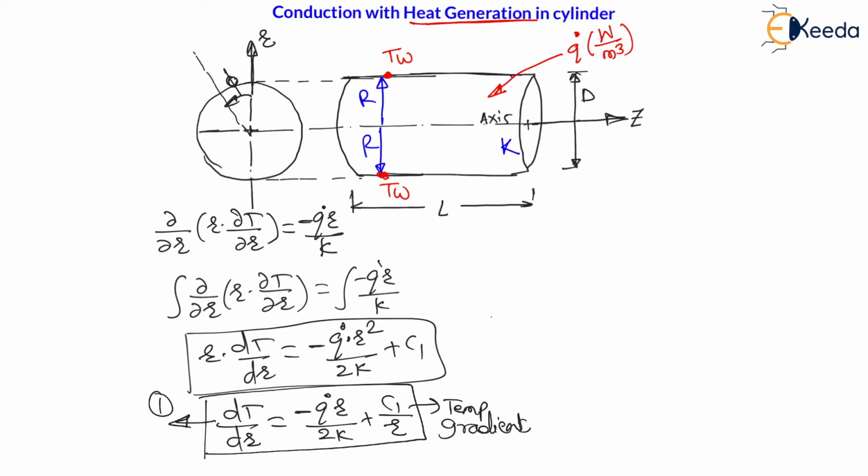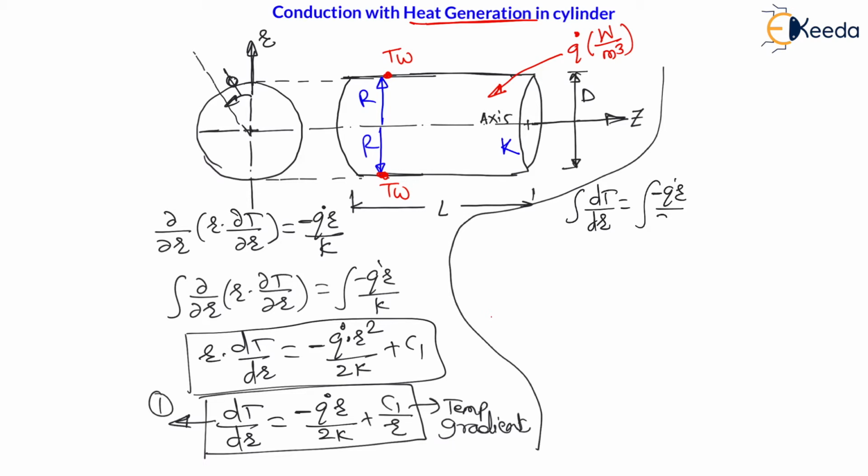Now let us find the temperature profile. My dear students, here I am going to solve for the temperature profile. Now integrate this temperature gradient equation. Therefore, the integration of dT/dr will be equal to the integration of minus q dot r divided by 2k plus c1 divided by r. Here integration and differentiation will get cancelled. Therefore temperature will become equal to, now the integration of r will be r squared by 2, and q dot 2k will be constant.